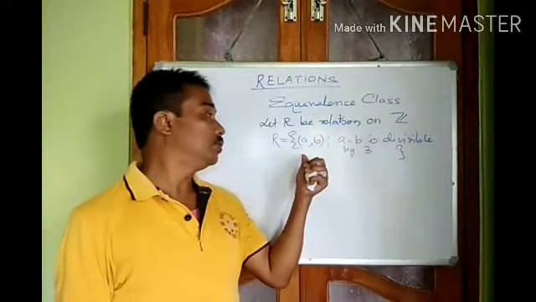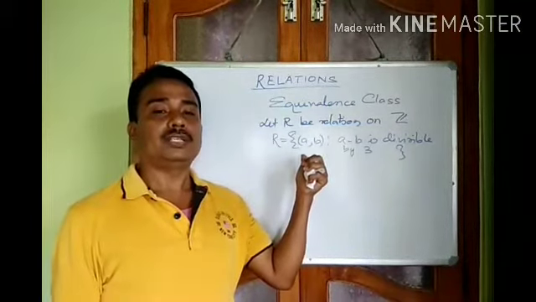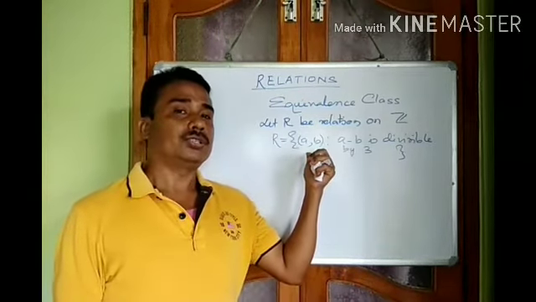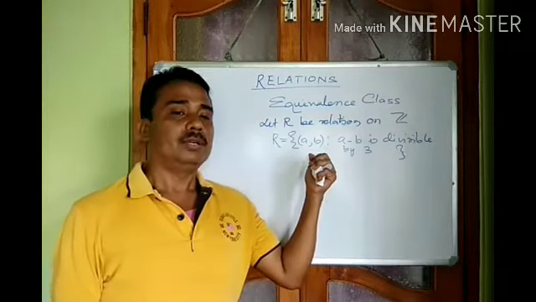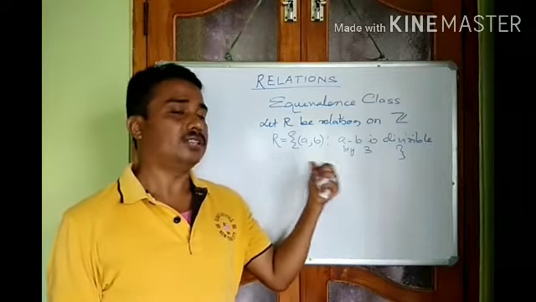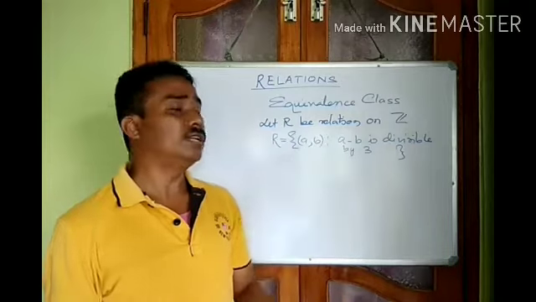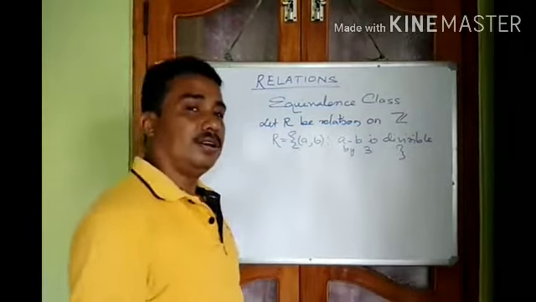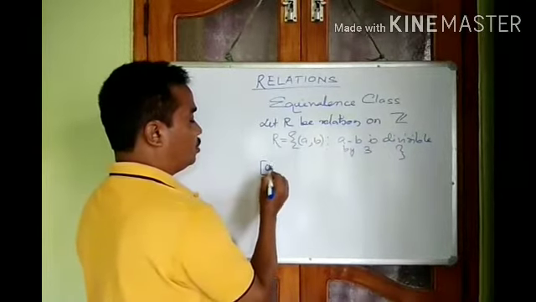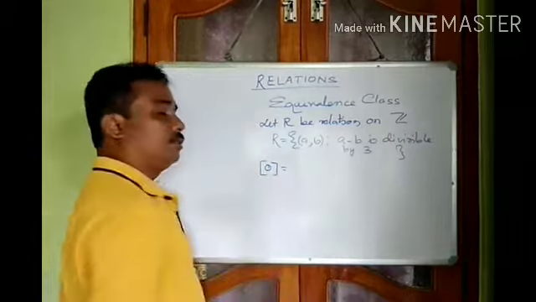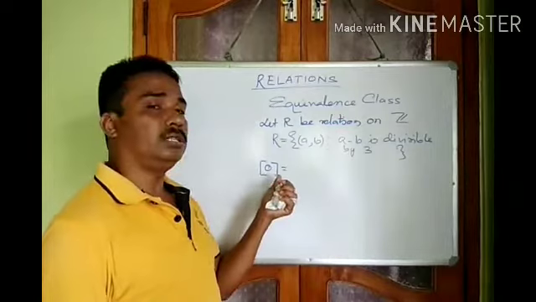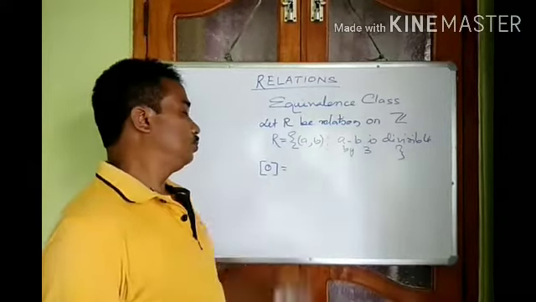We can prove this particular relation is an equivalence relation. For proving, we can show that this relation is reflexive as well as symmetric as well as transitive. So this is an equivalence relation. Now let us consider this set: the elements which are related to 0.